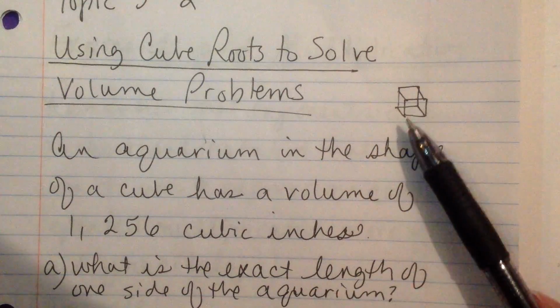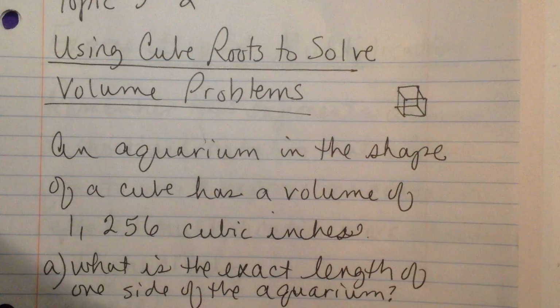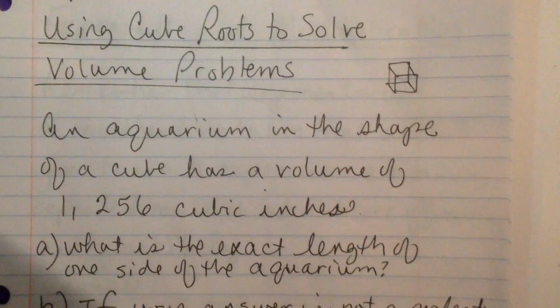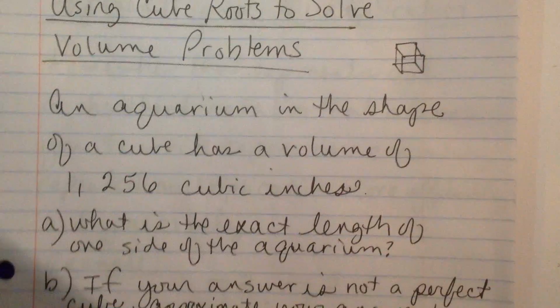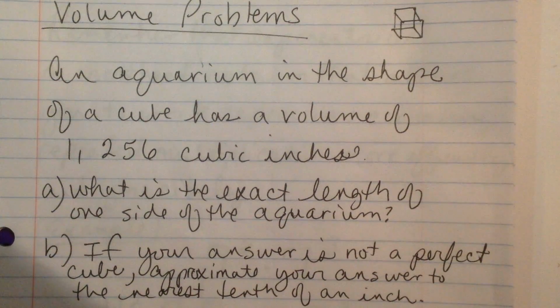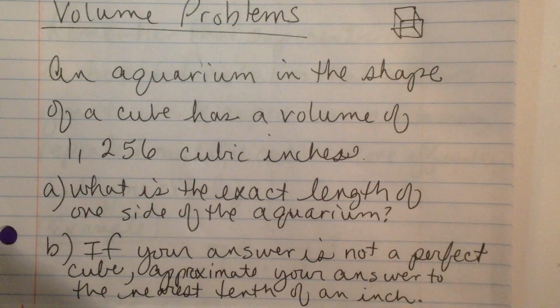A cube is made up of all squares, all the way around, the ceiling and the floor. It's a box with all sides being squares. What is the exact length of one side of the aquarium? And if your answer is not a perfect cube, approximate your answer to the nearest tenth of an inch.